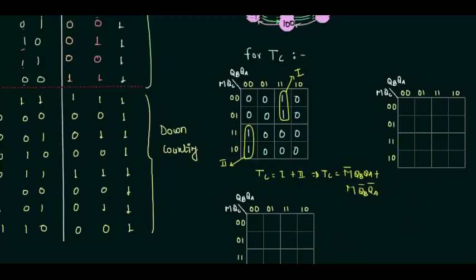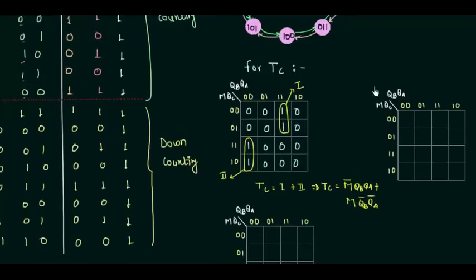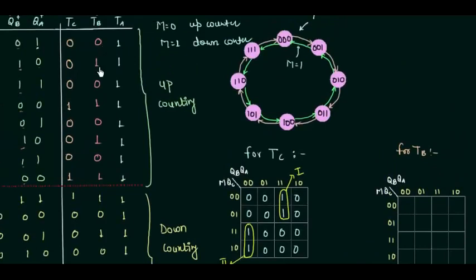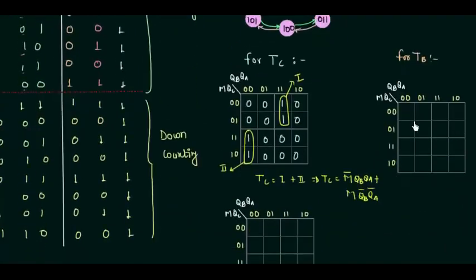In the same way I will use this map to find out the value for TB, and for the first 4 cases I have 0 1 0 1, so we have 0 1 0 1, and for the next 4 cases I again have 0 1 0 1, then we have 1 0 1 0, so 1 0 1 0, and after this we have 1 0 1 0.